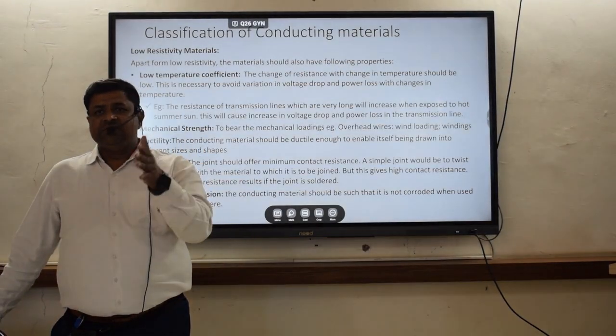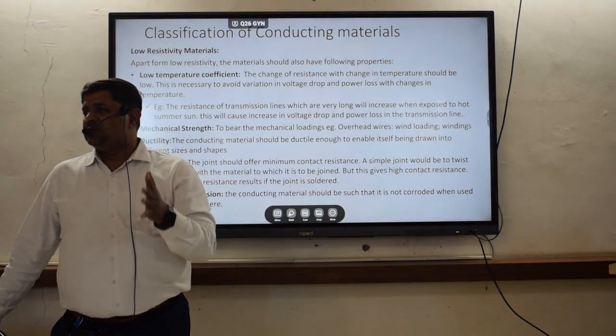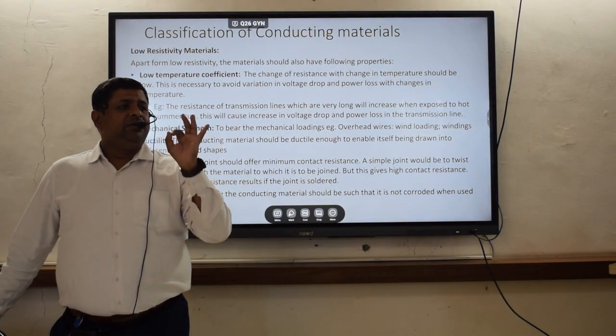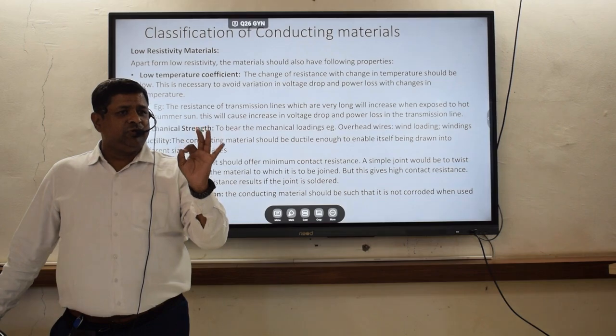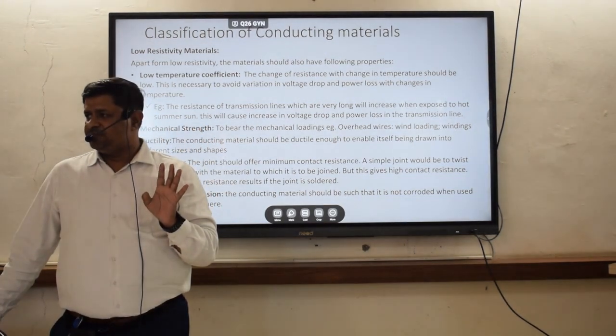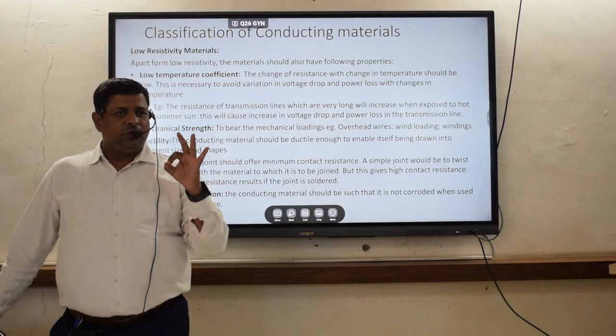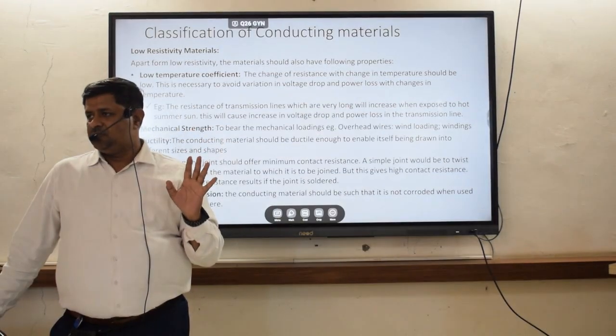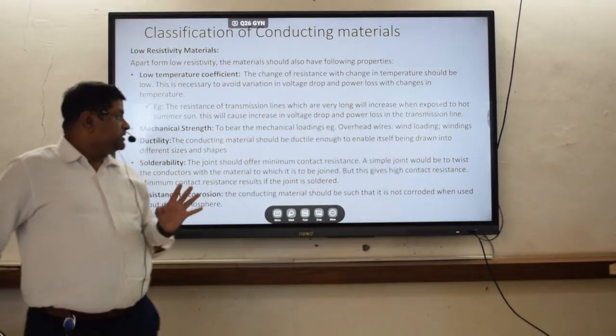Even though there is a change in temperature due to operating conditions, your resistance should remain constant or nearly constant. I hope you guys are getting it. It should be low temperature sensitive. Temperature sensitive कम होना चाहिए.